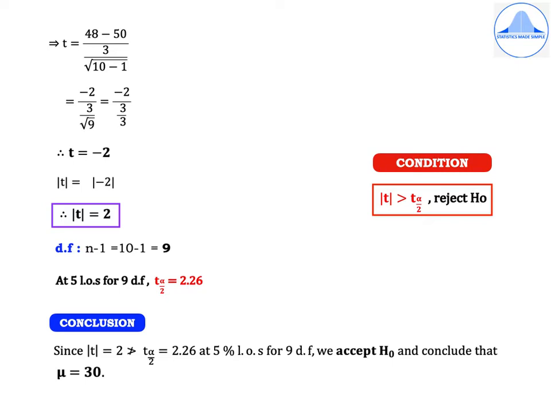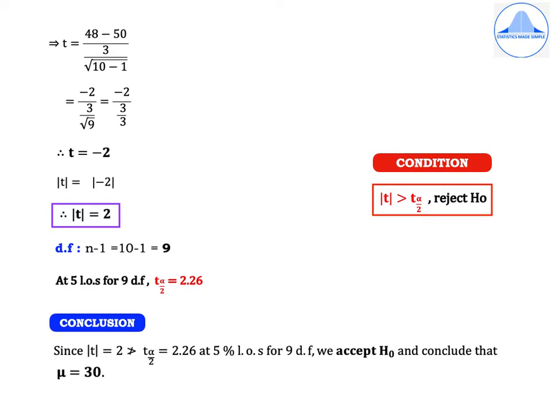So at 5% level of significance for 9 degrees of freedom from the statistical table for t-tests, we can get the value of t alpha by 2 as 2.26, and this value is obtained under the two-tailed column for 5% level of significance for 9 degrees of freedom.